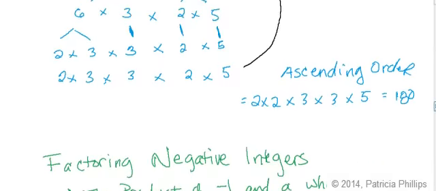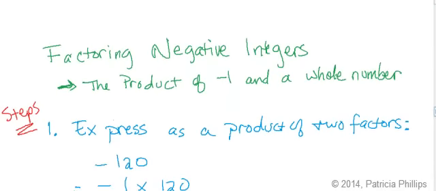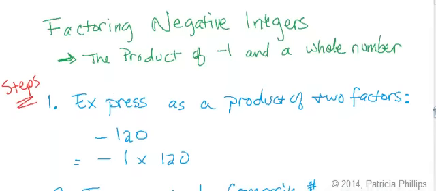Okay, let's see what we have. Factoring negative integers. Okay, so when you're factoring negative integers, what you're going to do is start off with the negative integer being the product of -1 and a whole number.